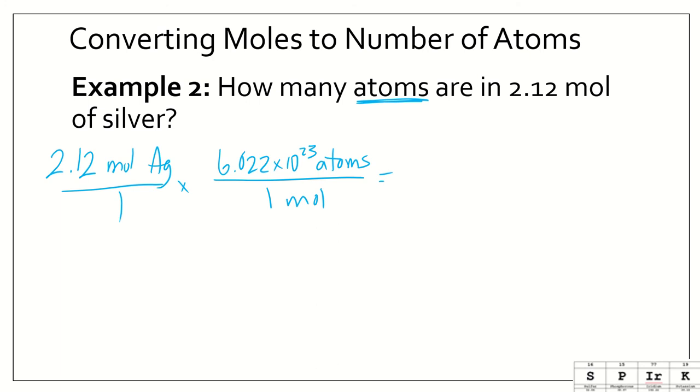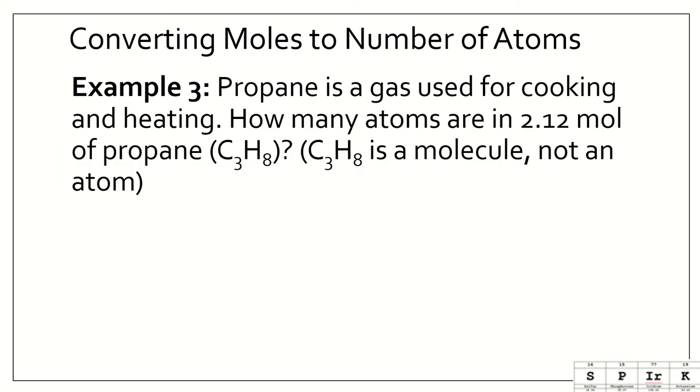So 2.12 times 6.022 times 10 to the 23rd, we get 1.28 times 10 to the 24th atoms of silver. Mole canceling with mole, left with atoms.